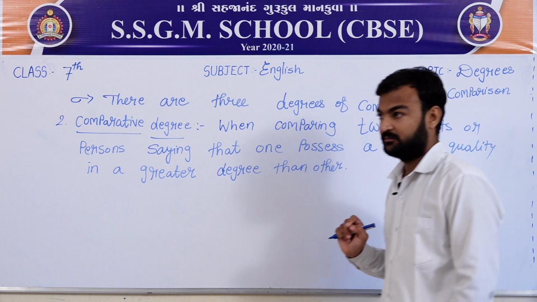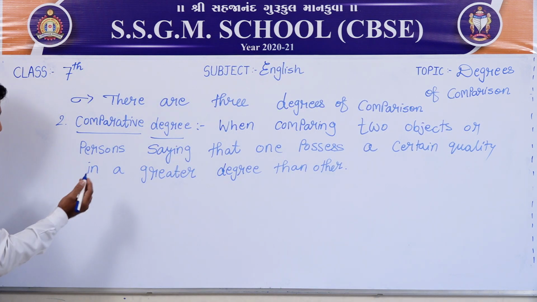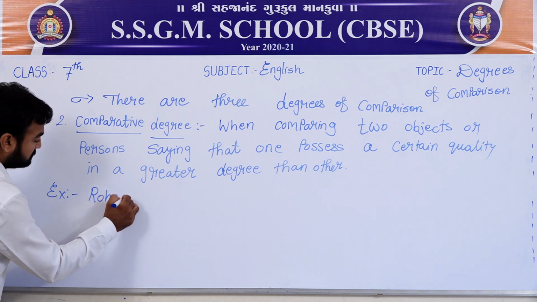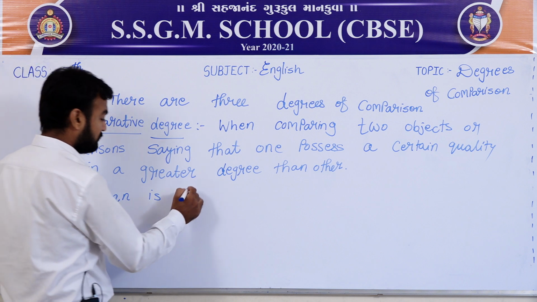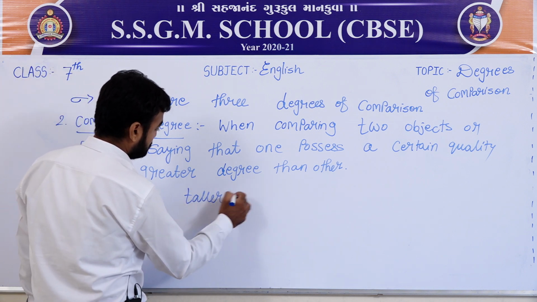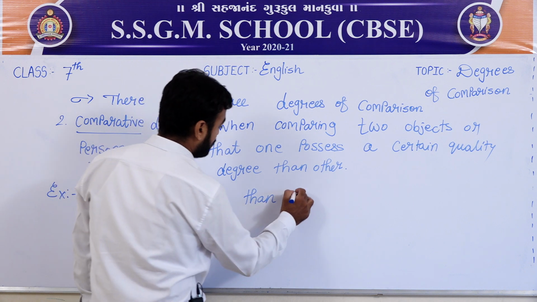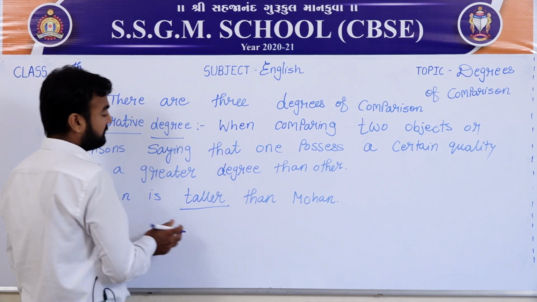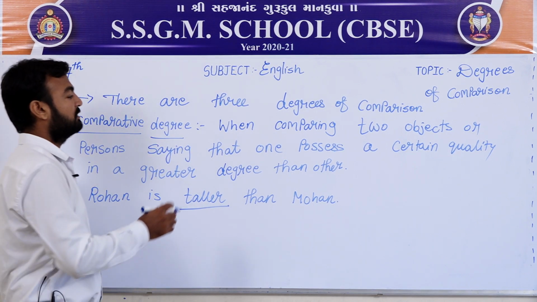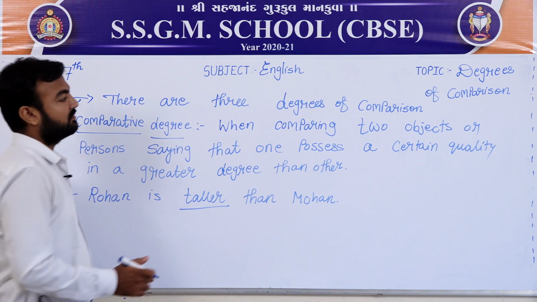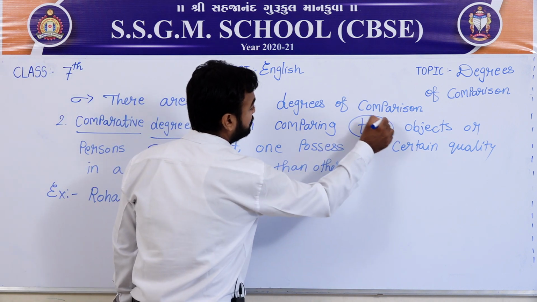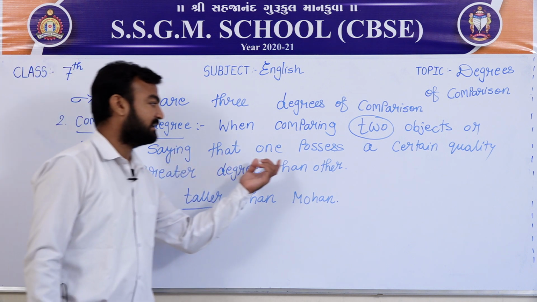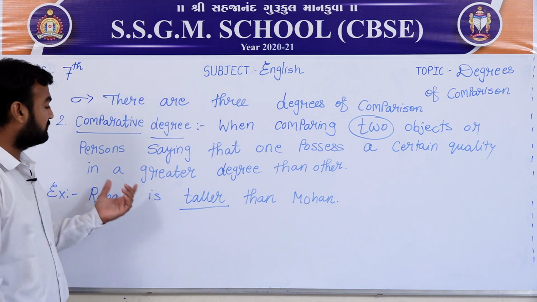Now I am writing an example, the same example. Rohan is taller than Mohan. Now see students, here taller is comparative degree. Why? Because in this degree we can compare only two objects or persons, saying that one possesses a certain quality in a greater degree.